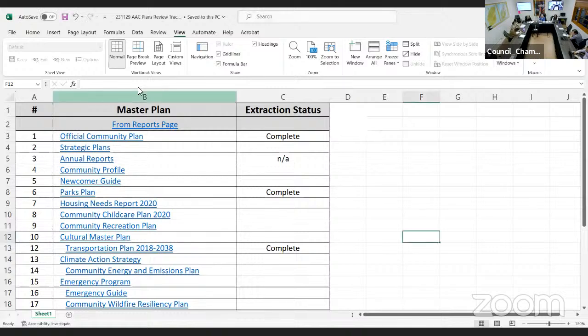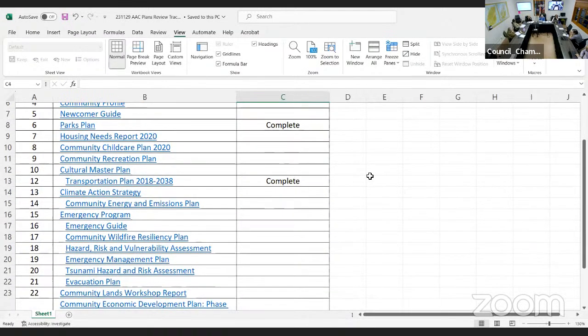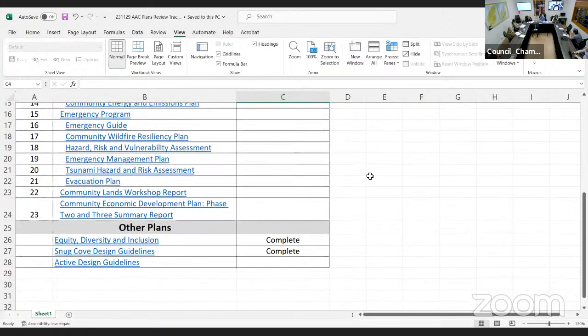Now people are seeing the Excel sheet, with a column with the items from the master plan that came off the website, and a column that says what have we looked at and what is not applicable. And we have other things we could look at. So I think we've done a good job so far, and it's a way of keeping track, so we can say, oh, we should have looked at that one.